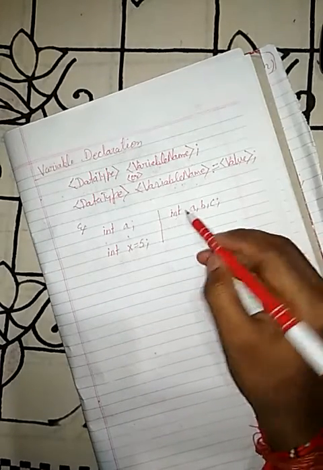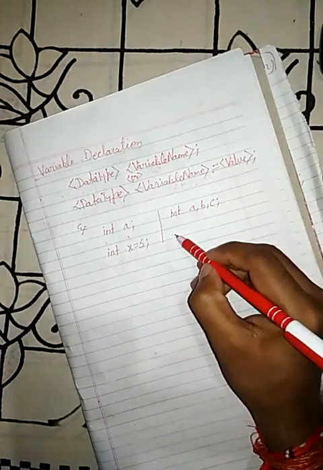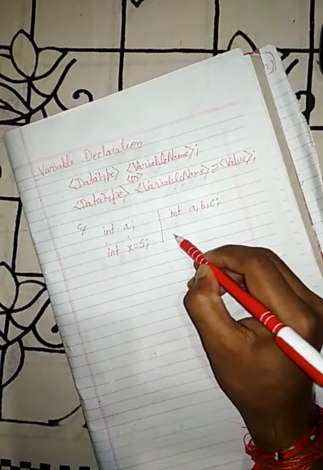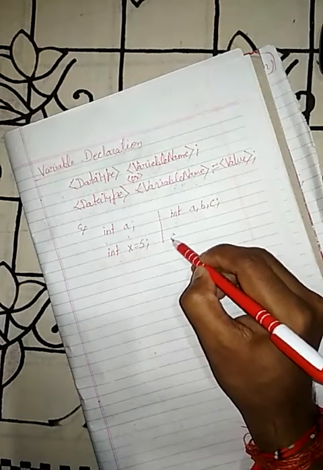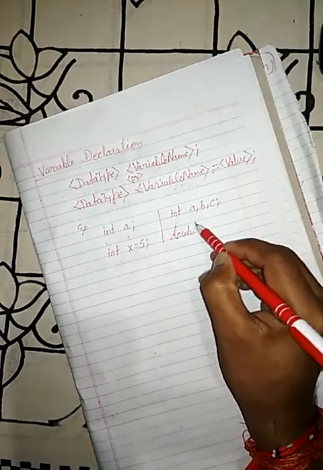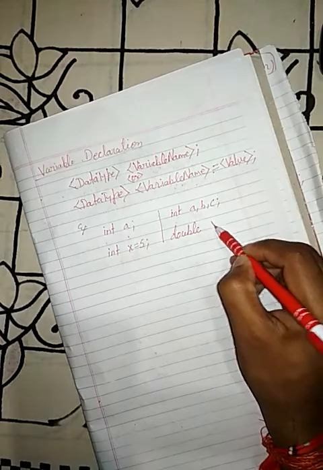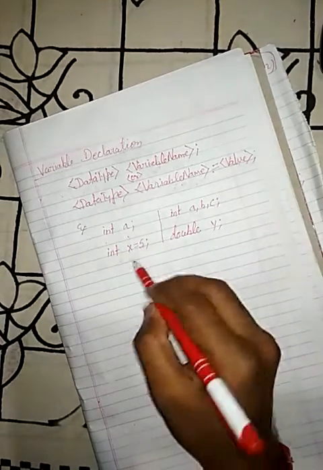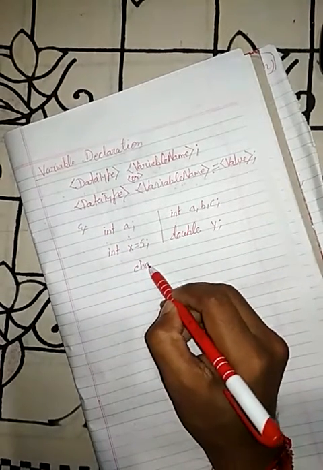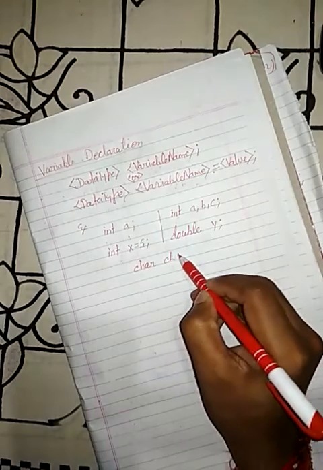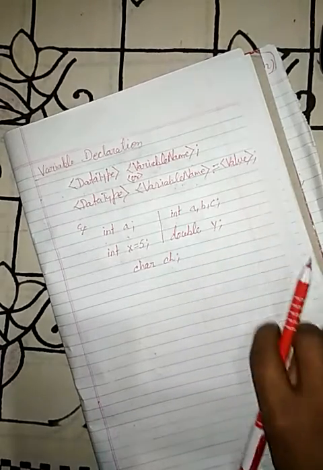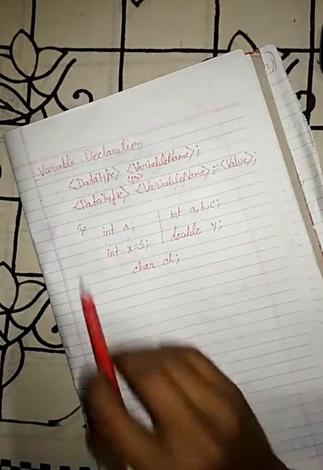It is not necessary to always declare integer. Let me use other types, like double y, or like char ch. Okay, this is the variable declaration.